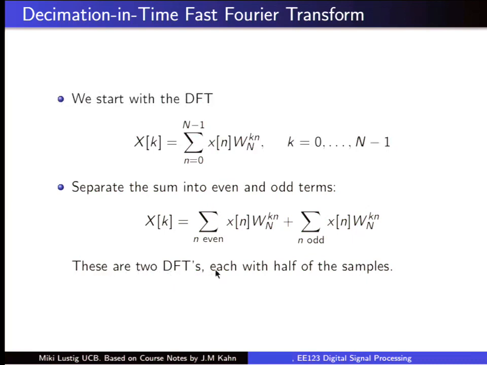Well, each of these two kind of look like DFTs, almost, but each with half the samples. They don't look exactly like DFTs, so let's try to make them look like DFTs, because that's kind of our aim.